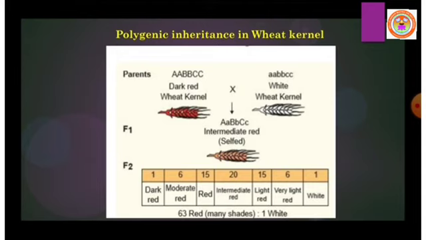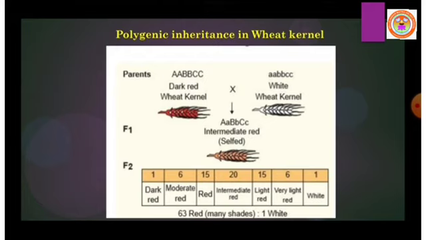Another evidence of the absence of blending inheritance is that the parental phenotypes, dark red and white, appear in the F2 generation. There is no blending of genes; genes are only brought together, and only the phenotype changes.